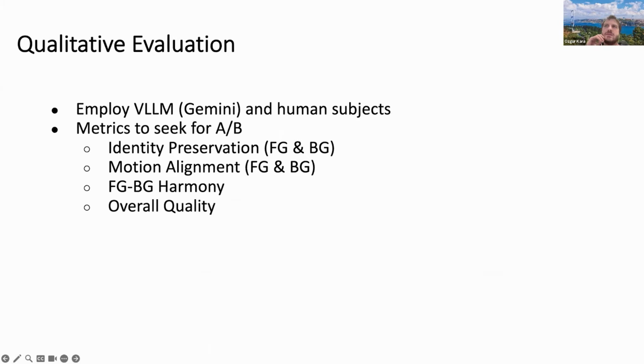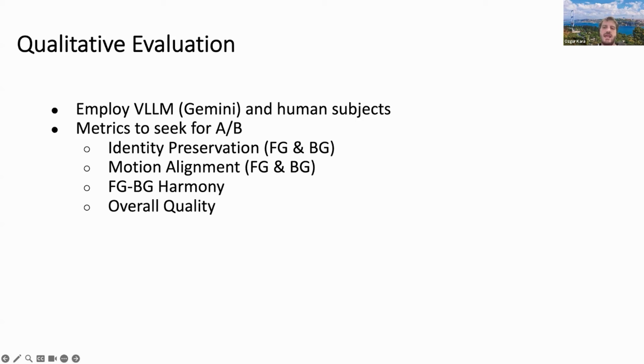And in terms of qualitative evaluation, usually for this type of generative AI task, numbers don't tell the whole story, but give us some insights about how well the model is performing. So in addition to those quantitative metrics, we also focused on qualitative evaluation.